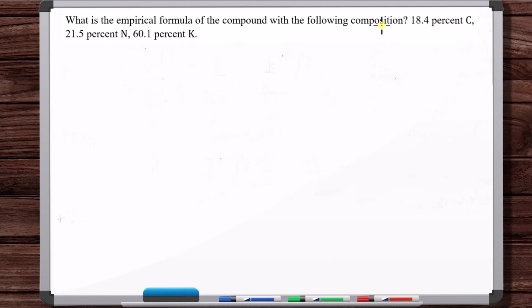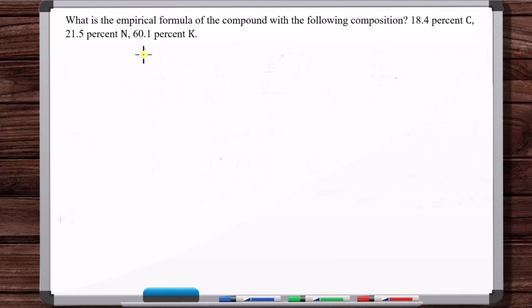But if it was percent by atom, then you could just go straight to saying, okay, for carbon, 18.4 divided by 18.4. For nitrogen, 21.5 divided by 18.4. For potassium, 60.1 divided by 18.4, and then go from there. But I believe they're talking about by mass here.